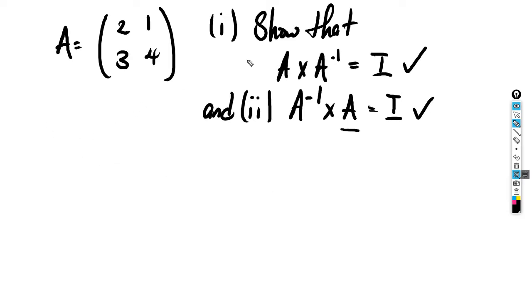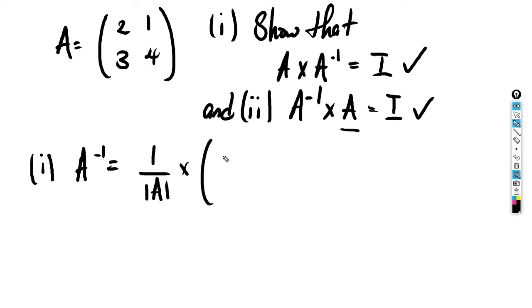Let's do the first one, right? Let's find the inverse for A. A inverse should be equal to 1 over the determinant of A multiplied by A adjoint, right? So that should be 4, negative 1, negative 3, 2. All right, so let's just find the determinant down there.